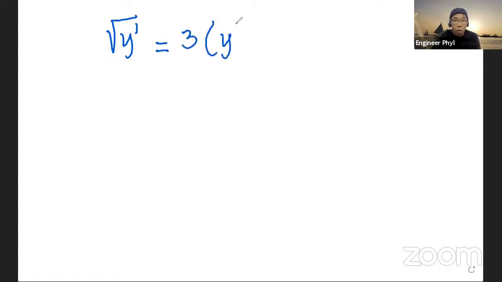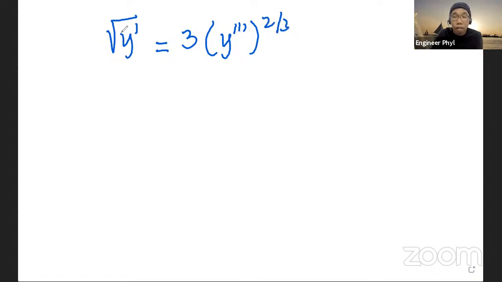Okay, let me write the equation again. We have the square root of y prime equals 3 times y triple prime raised to 2/3.